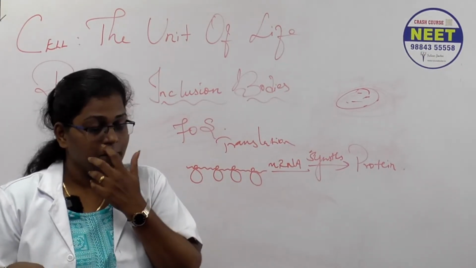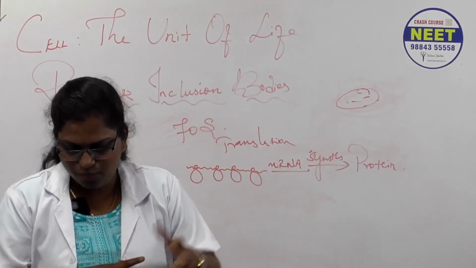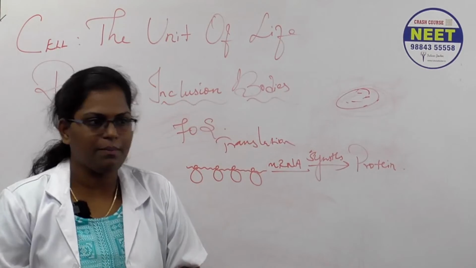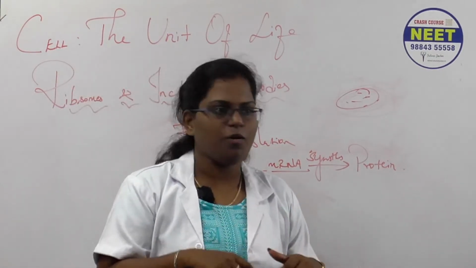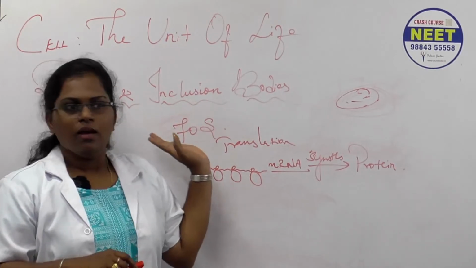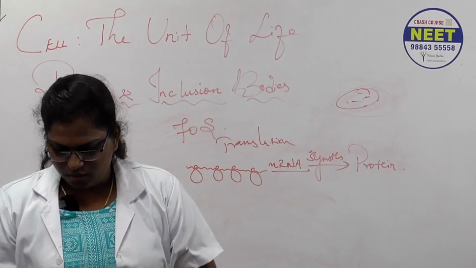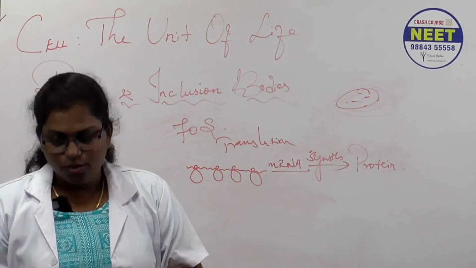We can see them in some organisms, the blue-green and purple-green photosynthetic bacteria, that is cyanobacteria, blue-green algae. Then we are going to move on to the eukaryotic cells.